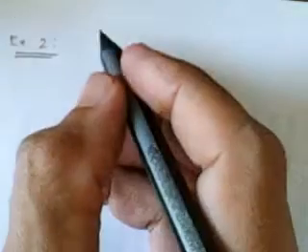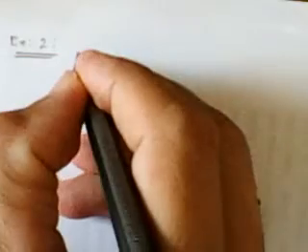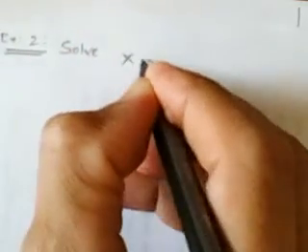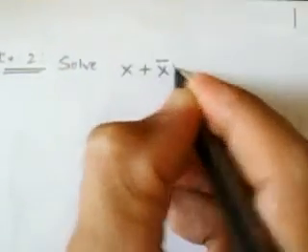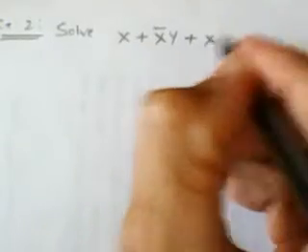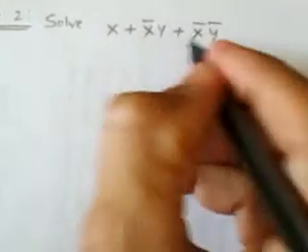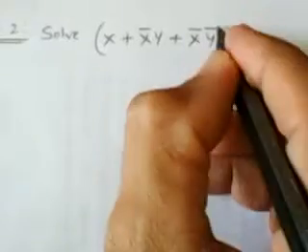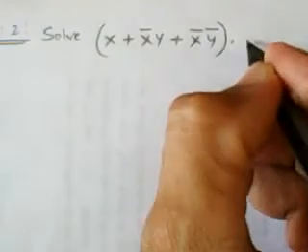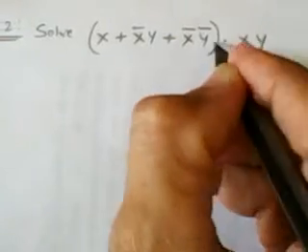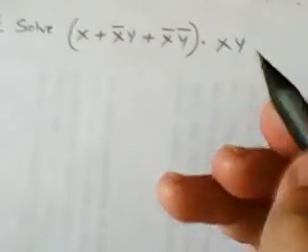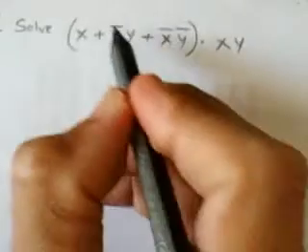Simplify the expression: x plus x bar y plus x bar y bar, dot x y. Now you should put the complete over bar.